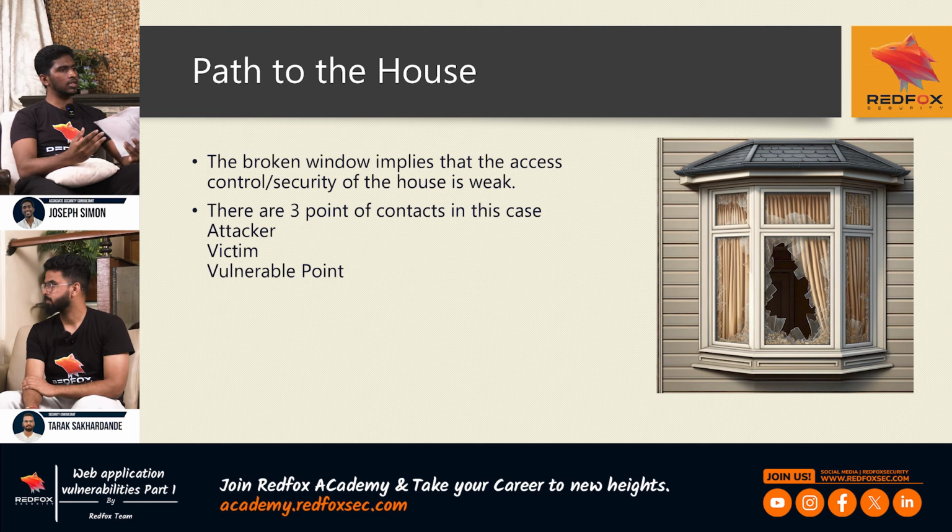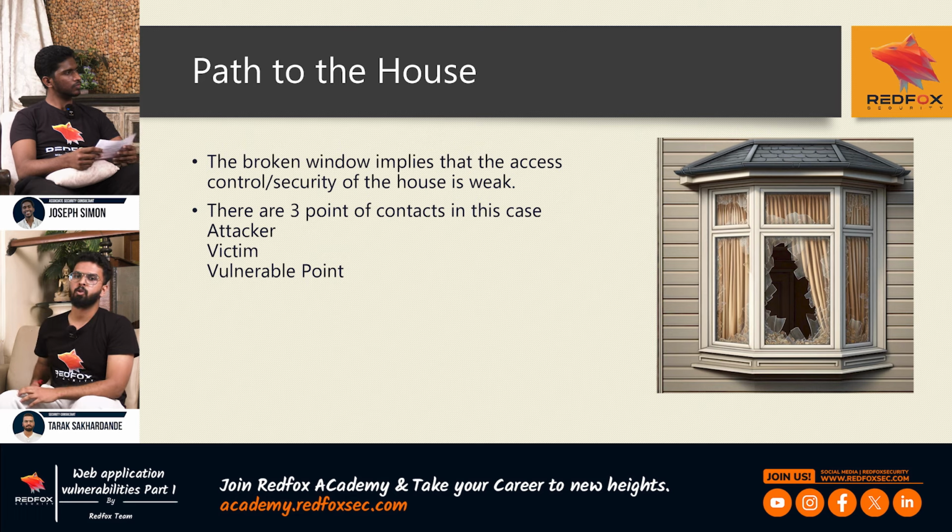What are the scenarios that you have come across while testing web applications? In web applications, broken access control, in its basic definition, means unauthorized users are able to access data that they are not authorized to.